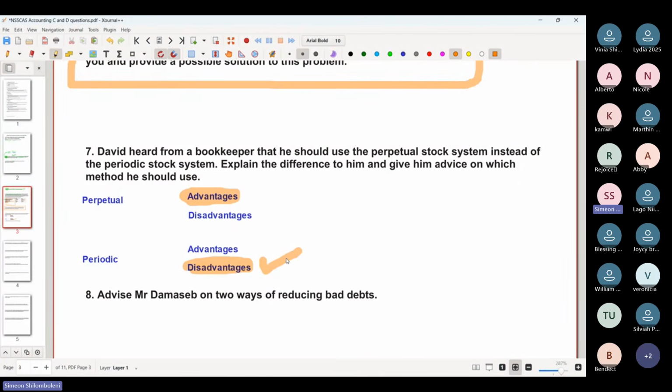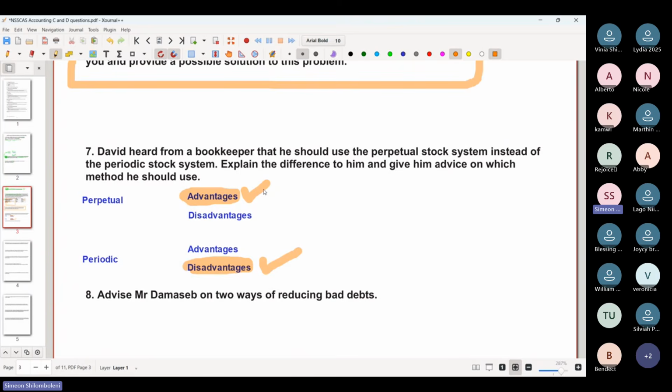Rather stay home so that you can help your parents with the cooking. You can see you are looking at the advantages of one and the disadvantages of the other one. And in that case, you are really giving a proper advice.